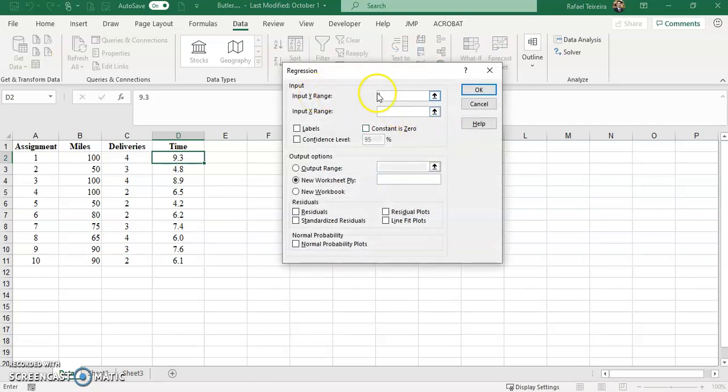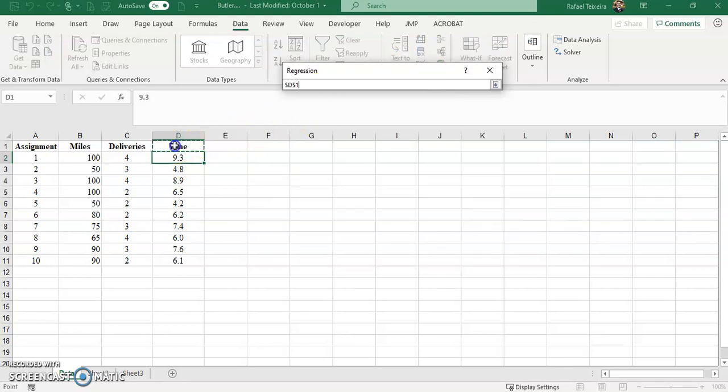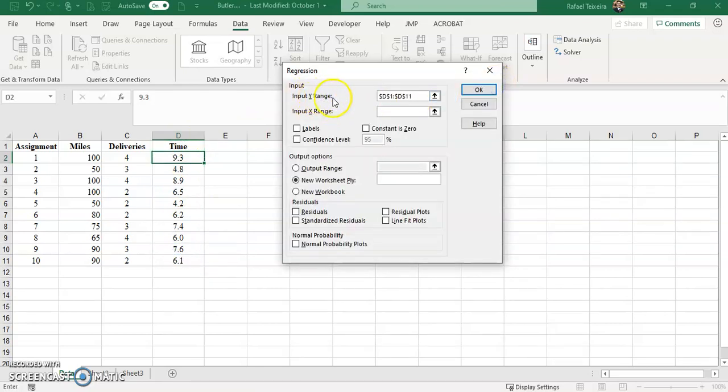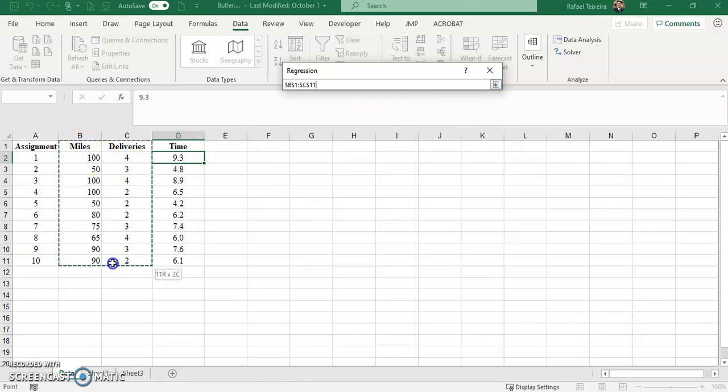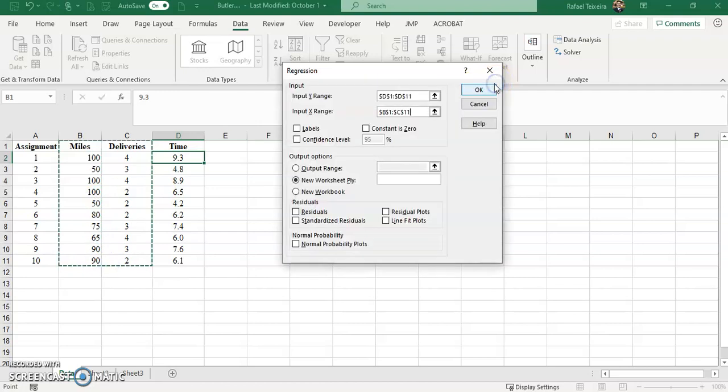Input Y range: time is our dependent variable, our Y variable. Now we have to input the X variables, so we select both columns together. Then we check labels because we're selecting the labels in the first row, and we have to tell Excel that the first row is labels. We can leave the output as a new worksheet.